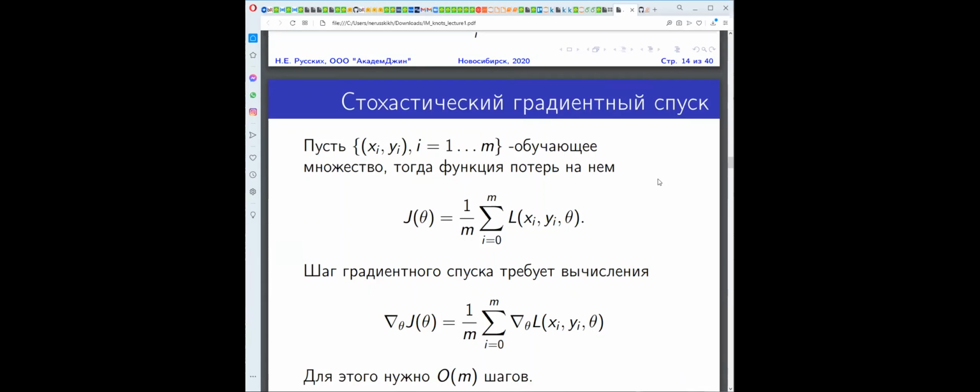Параметры — это то, что обновляется в ходе градиентного спуска, а гиперпараметры — это число слоев, ширина каждого слоя, размер батча — это гиперпараметр, learning rate — это гиперпараметр, и тоже есть какие-то эвристики о том, как его настраивать, и его можно изменять в ходе обучения.